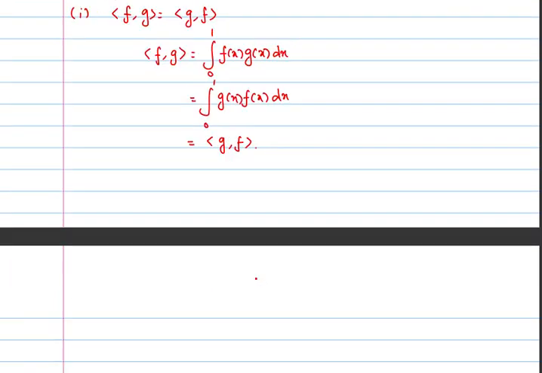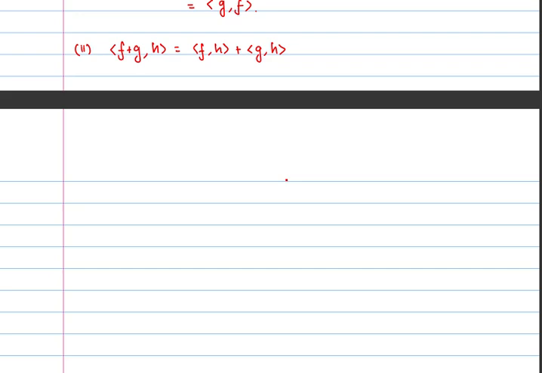What about the second condition? The second condition is inner product of f plus g comma h equals f comma h plus g comma h.